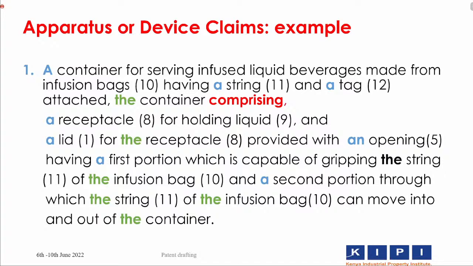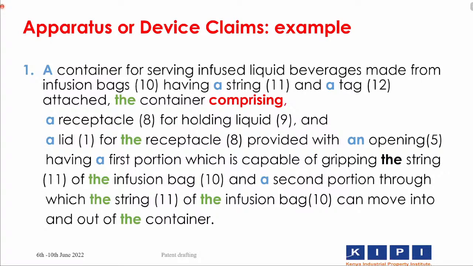And you have these letters in blue, so that they use as an introduction to the features the first time. When you mention a feature the first time, it's a container, a string, a tag.